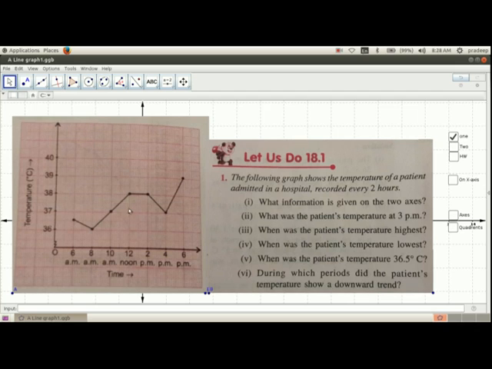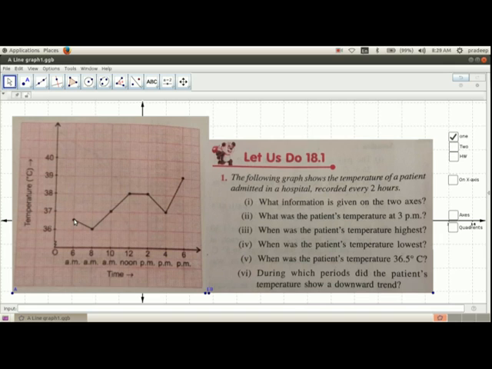We can see from the graph the temperature was maximum at 6 p.m. and it is minimum at 8 a.m. And when was the patient's temperature 36.5 degree? Here the point corresponding to 36.5 is this, and when we move right we cross this graph at 2 points.